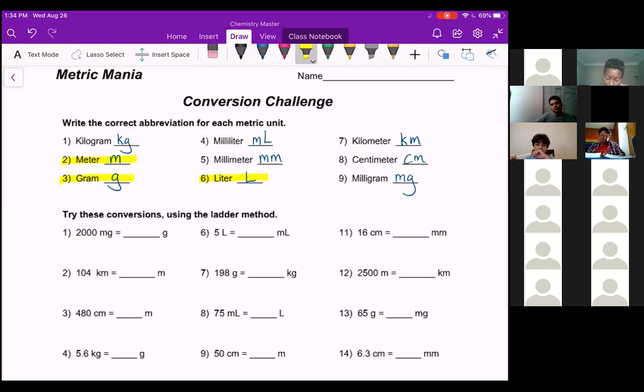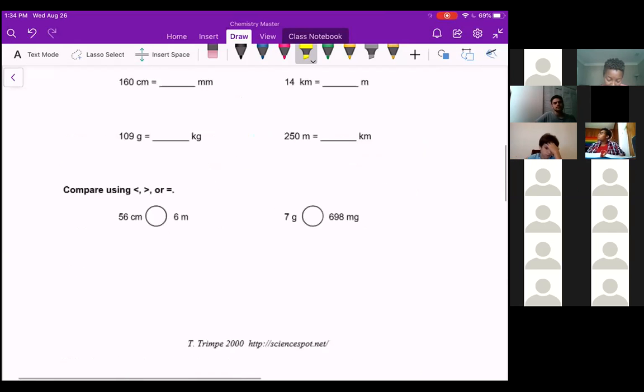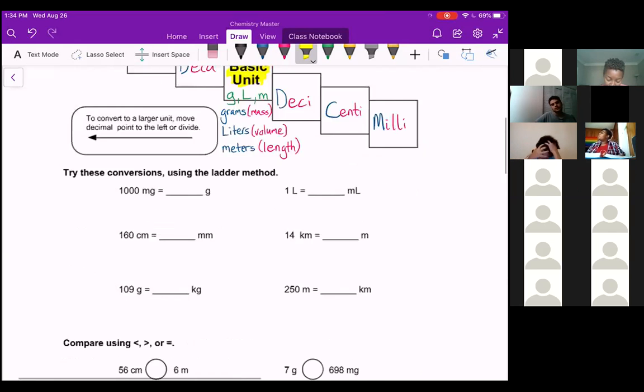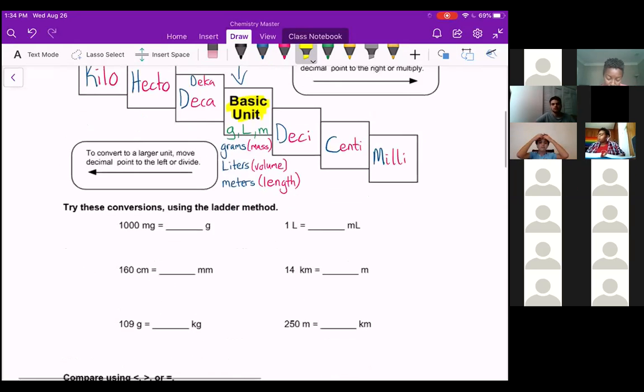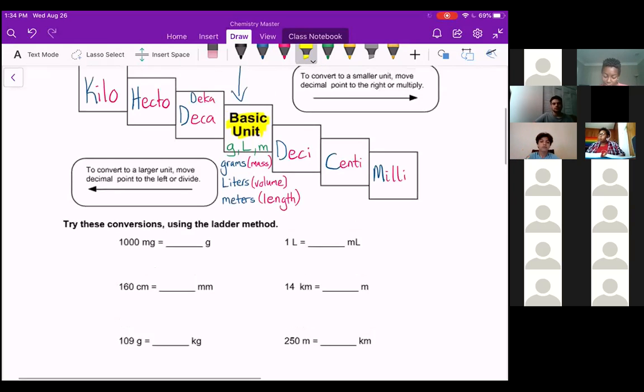All right, so let's go back to the first page, and now we're gonna talk about how to convert these. For shorthand, because after a while I'm gonna have to move this where you can't see this top part, what I do sometimes is I just write the letters for King Henry: King Henry died by drinking chocolate milk.